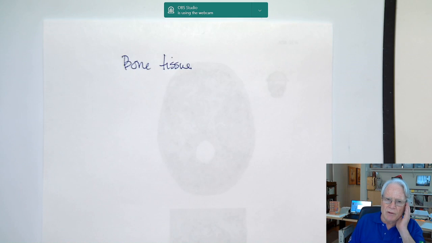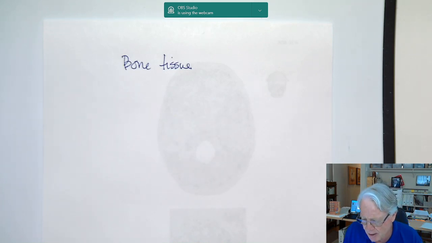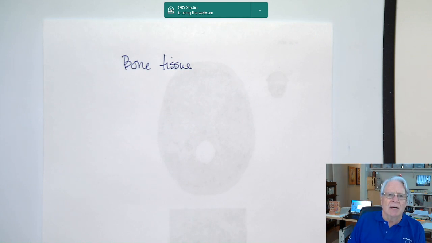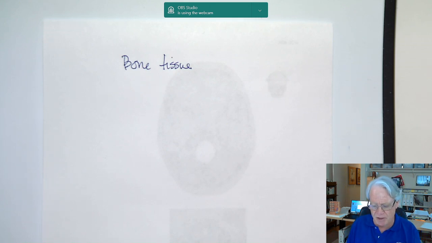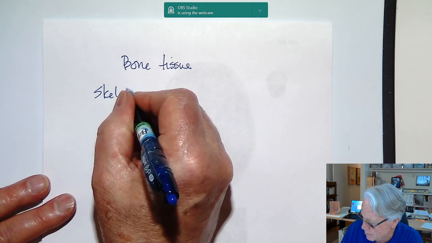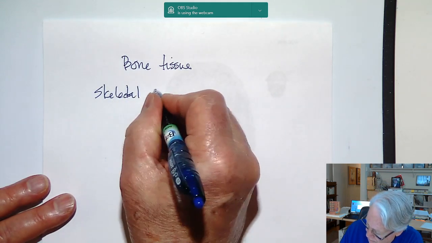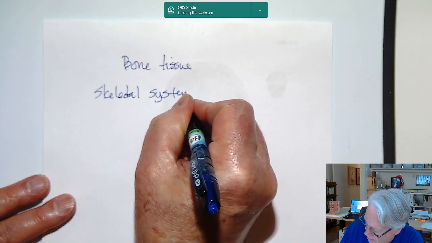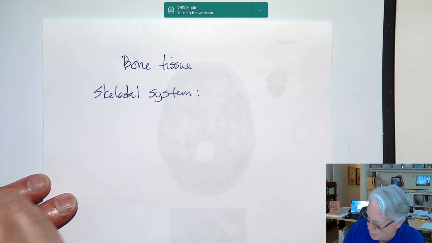And when we talk about bone tissue, it can be confusing sometimes, because bone tissue, or probably more properly the skeletal system, is actually composed of more than one type of tissue. So when you talk about the skeletal system, we're talking about bone tissue.